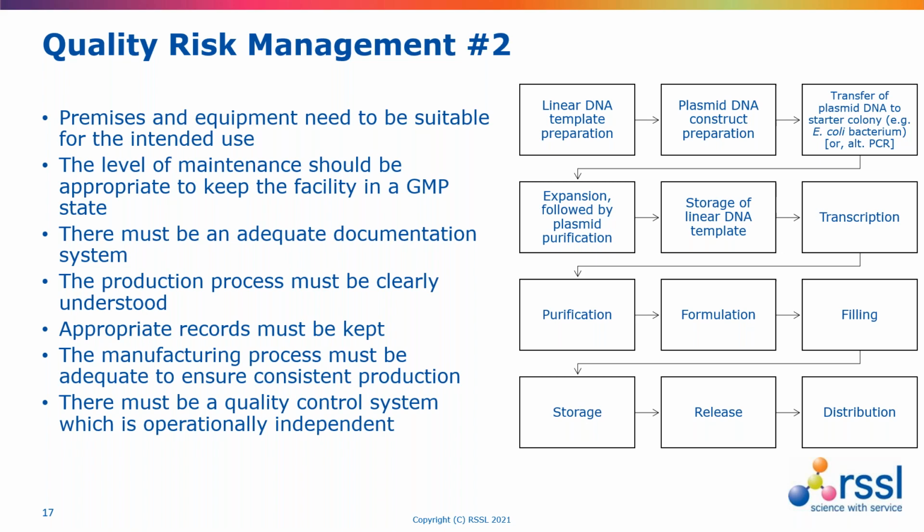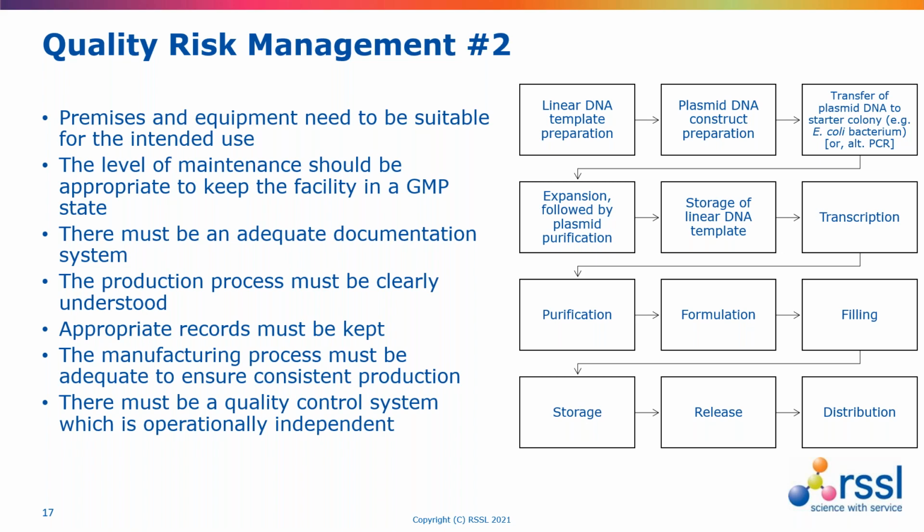Of course, it's very generalized, but each one of those steps needs to be understood and controlled with appropriate specifications laid down for the materials, intermediates, bulk products, finished product, and so on.